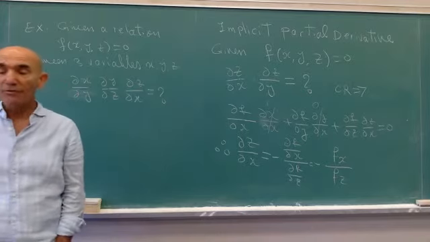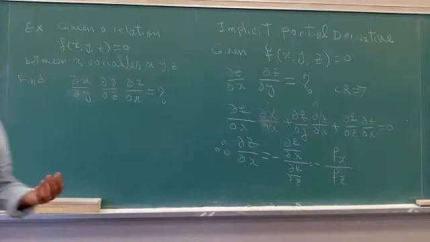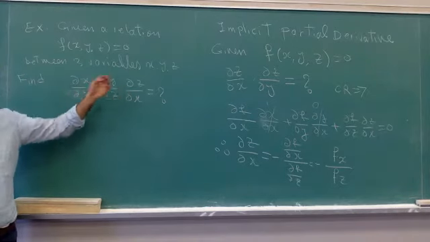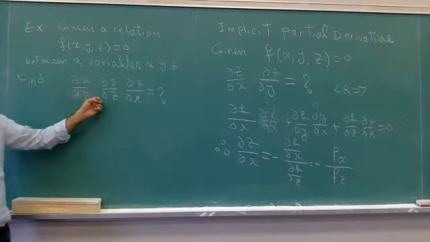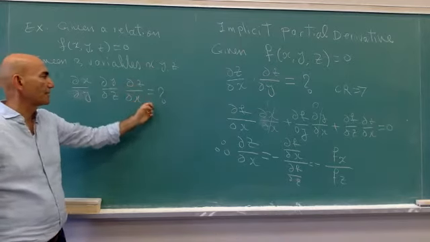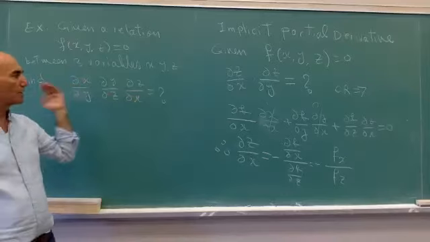So this is like three games in one. We are thinking of these variables totally differently in each case. Here x is a function of y and z, here y is a function of z and x, and here z is a function of x and y. That's the only way we can think of this. And so the question is, what is this value?